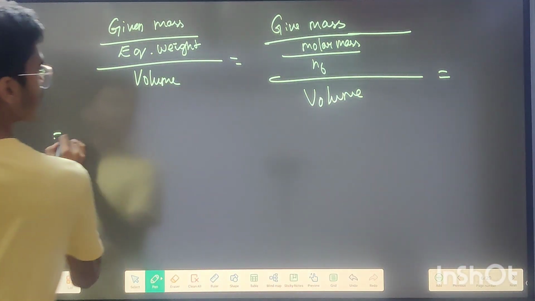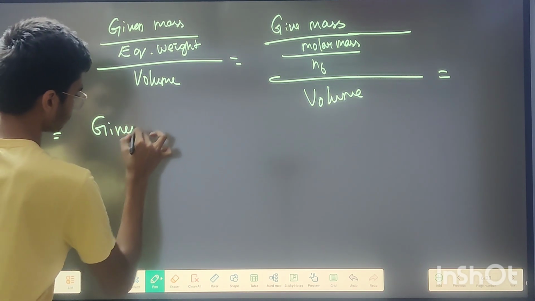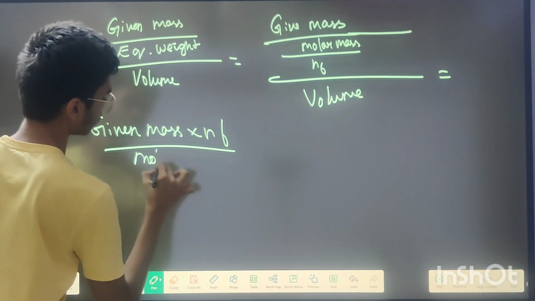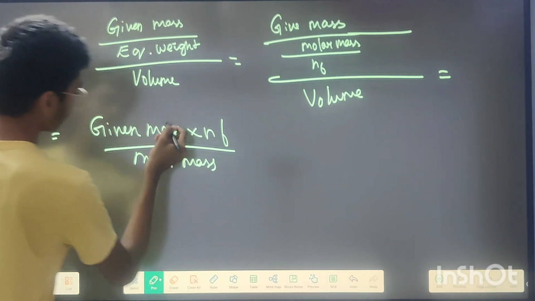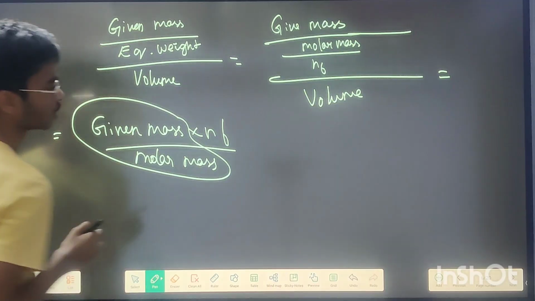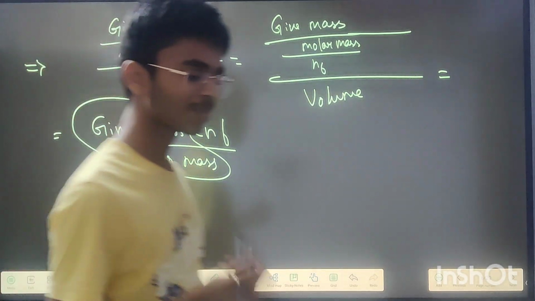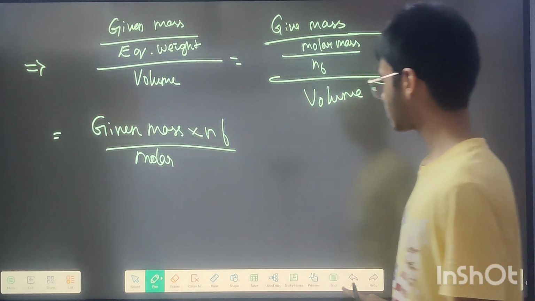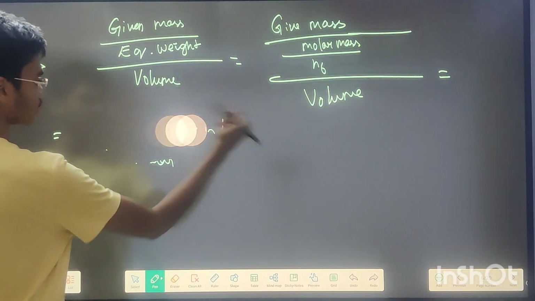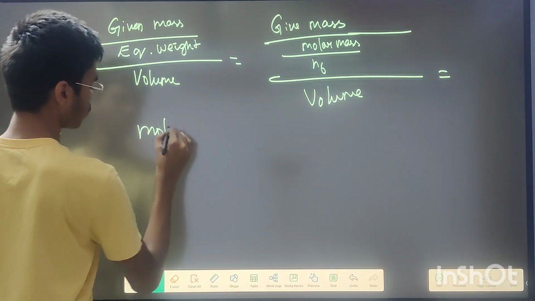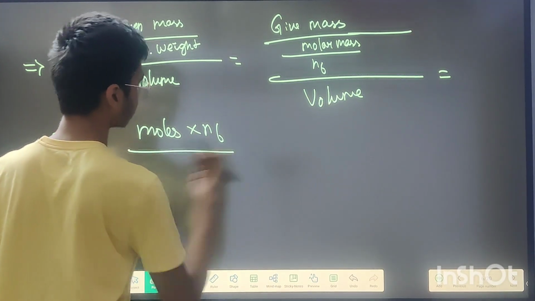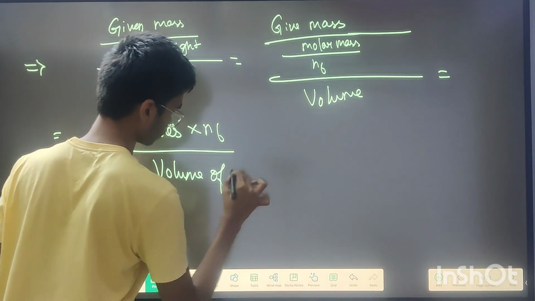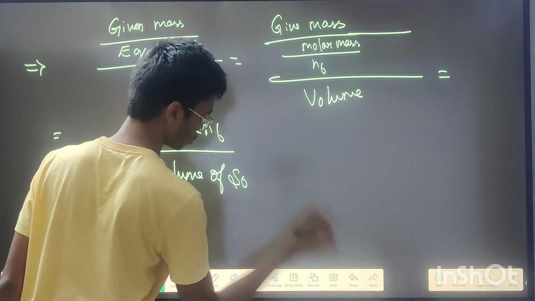So you can write it as given mass into n factor whole divided by molar mass. By the way, given mass by molar mass is your moles. So you can write it as moles into n factor, whole divided by volume of solution.